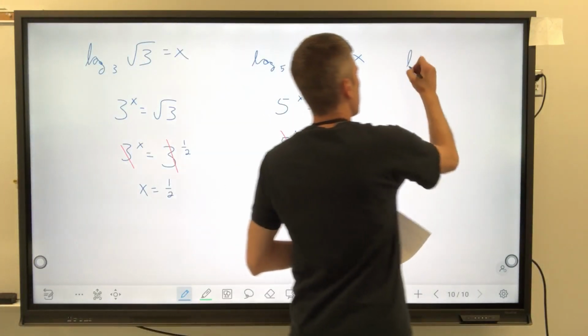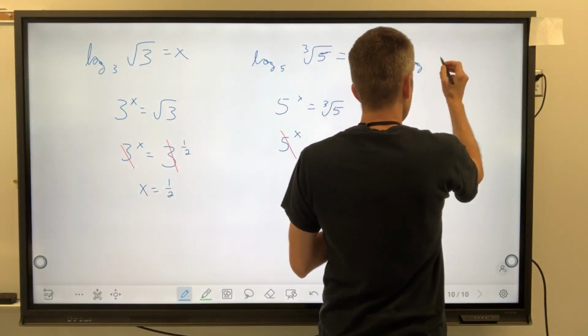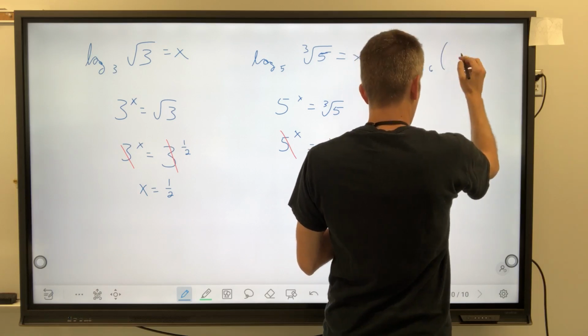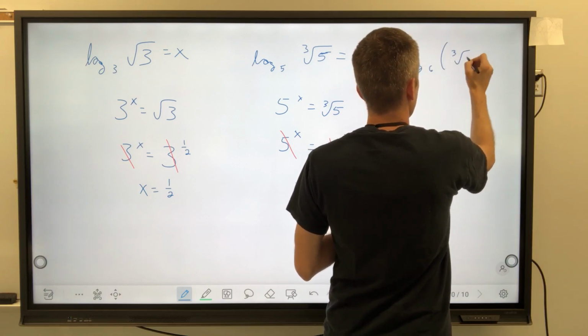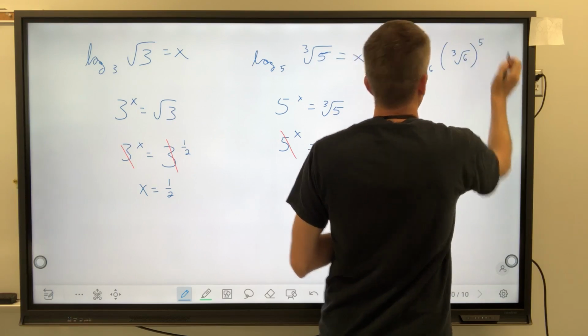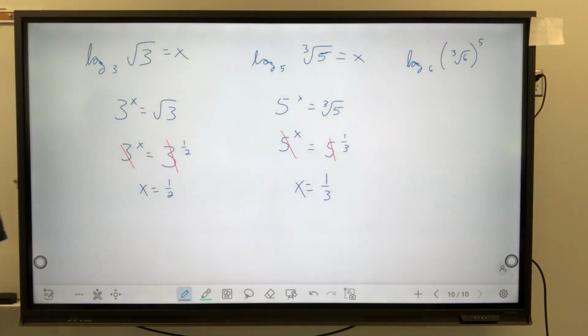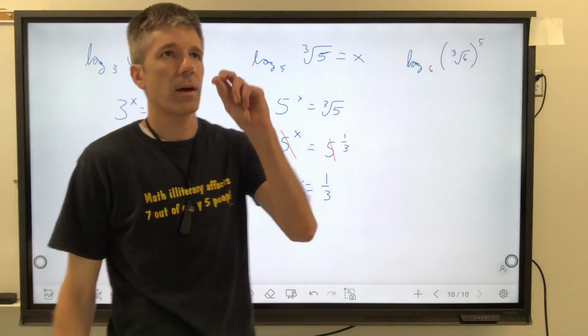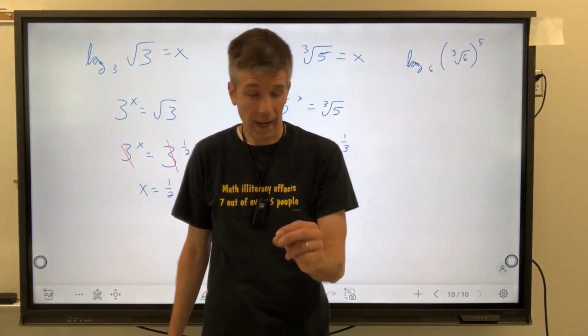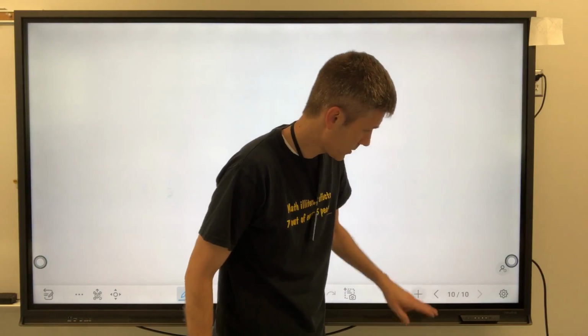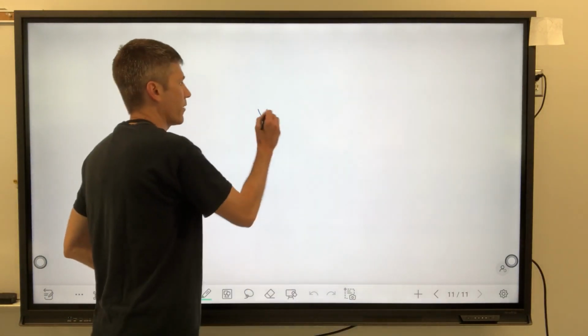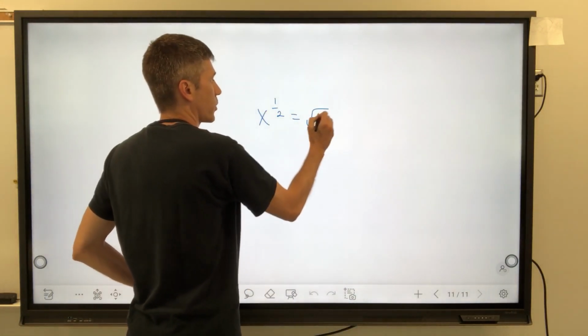I love this one. Log base 6 of the cube root of 6 all to the 5th power. Okay, so let's digress for just a second here and talk about the fact that an exponent of 1/2 is a square root.